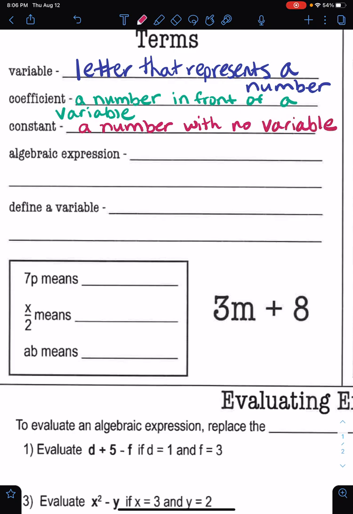An algebraic expression is a combination of variables and numbers that does not have an equal sign.